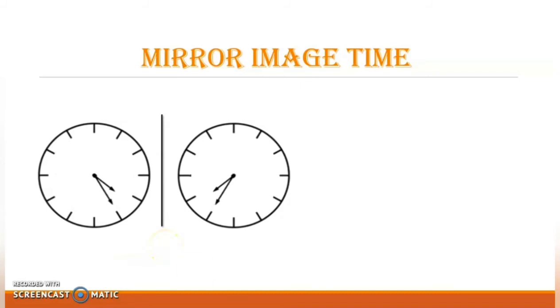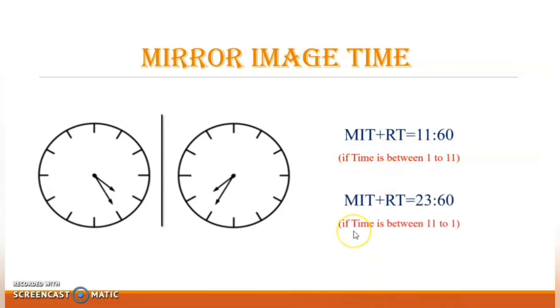We have a formula for that: mirror image time plus real time is equal to 11 hours and 60 minutes, that is the same as 12 hours, if the time is between 1 and 11. And mirror image time plus real time is equal to 23 hours and 60 minutes, that is the same as 24 hours, if the time is between 11 and 1.